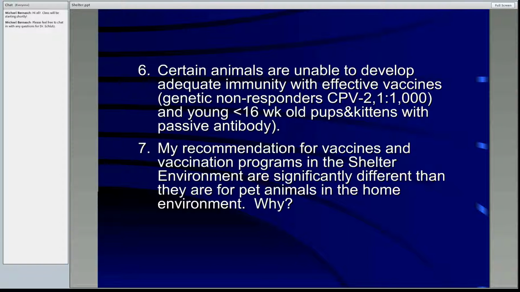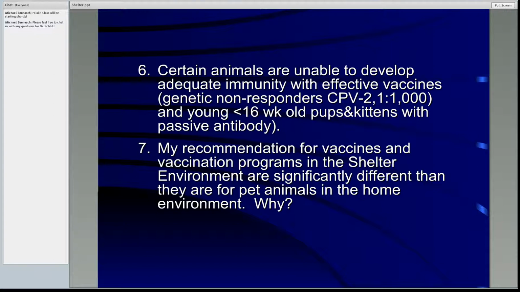Certain animals are unable to develop adequate immunity with the effective vaccines. This is a very small percentage. For example, for canine parvovirus, there's about 1 out of 1,000, and this is a genetic trait. They can't really develop a response to parvo. But you can see it's a very small percentage that can't. They may also be impaired by nutritional deficiencies.